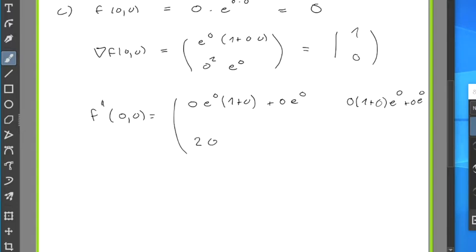Here we get 2 times 0 times e to the 0 plus 0 times 0 squared e to the 0. And down here we get 0 squared times e to the 0. And we see in all of the terms we have a multiplicative 0. So the end result is that the Hessian in 0, 0 is equal to the 0 matrix.